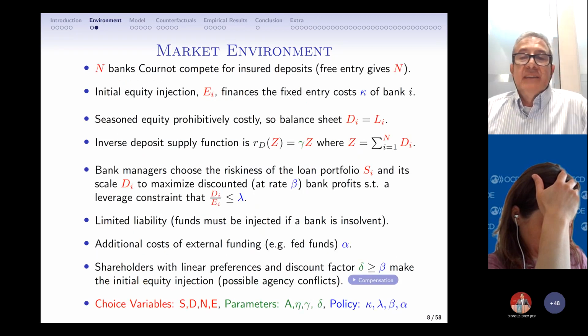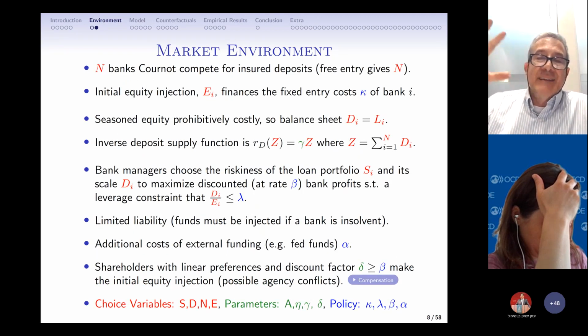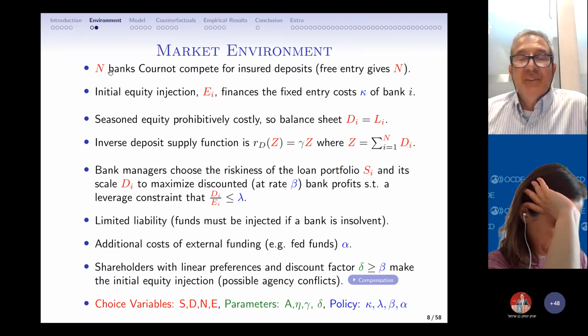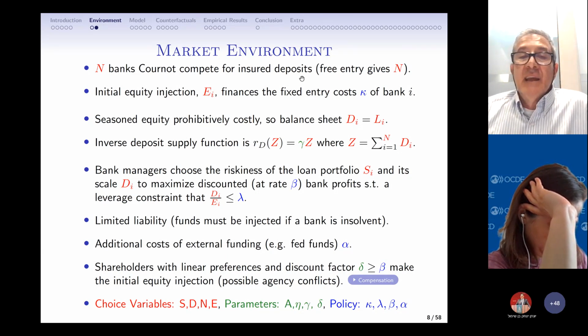Let me move on to how to think about taking that technology and putting it in a market environment. As in Allen and Gale, you can think of there being N banks, and these banks are going to Cournot compete for insured deposits.